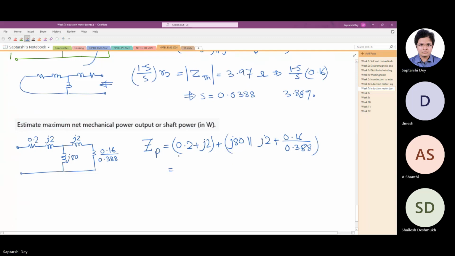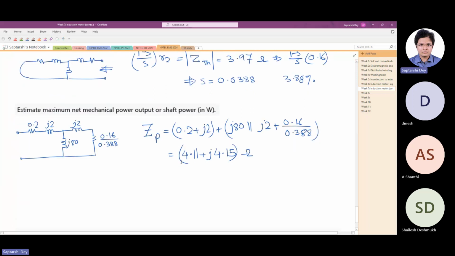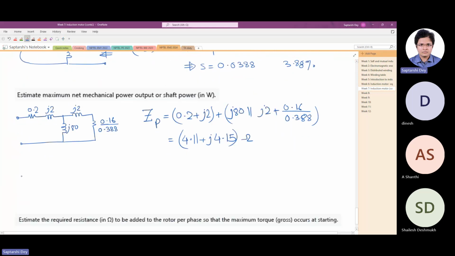This will give you this much per phase impedance. Now from here, if you find out the current, phase current, which is same as line current, divided by 0.038. Oh, sorry. Yes.